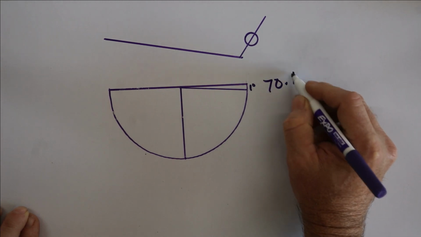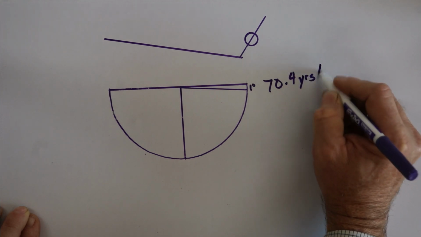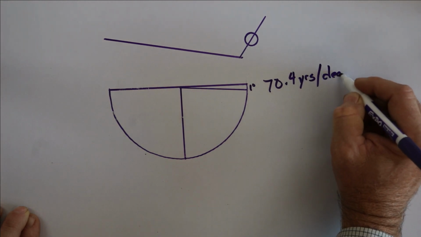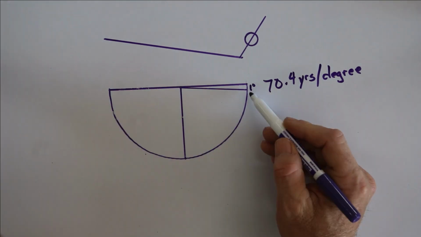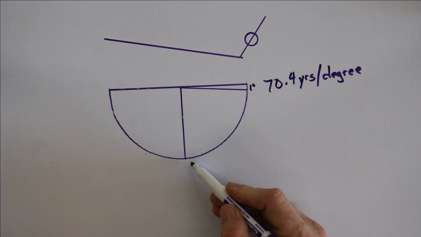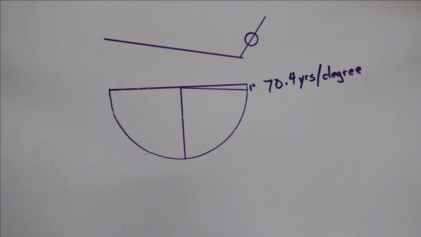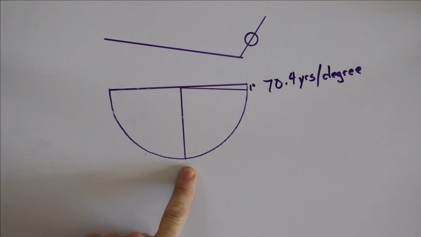About 70.4 years per degree. Hope that makes sense. So when I divided this into 90 degrees, that gives me the amount of time that it would take for Earth to traverse 90 degrees.